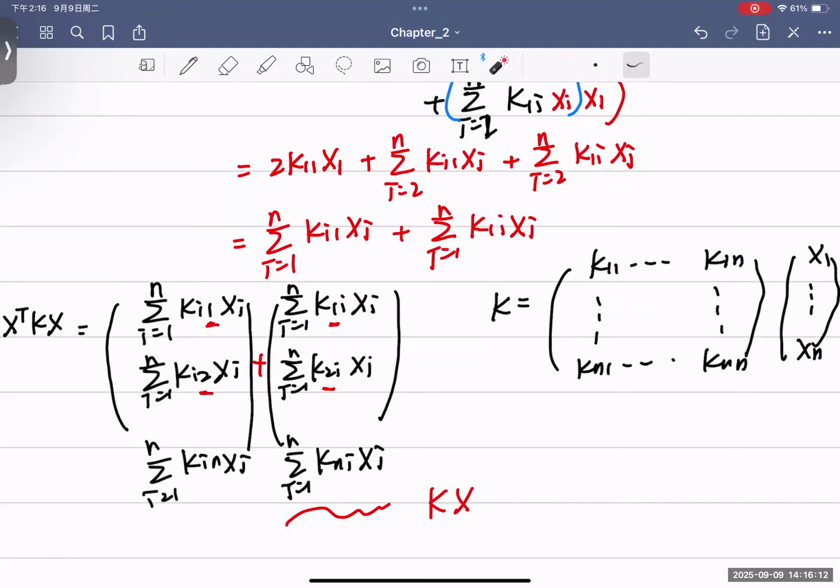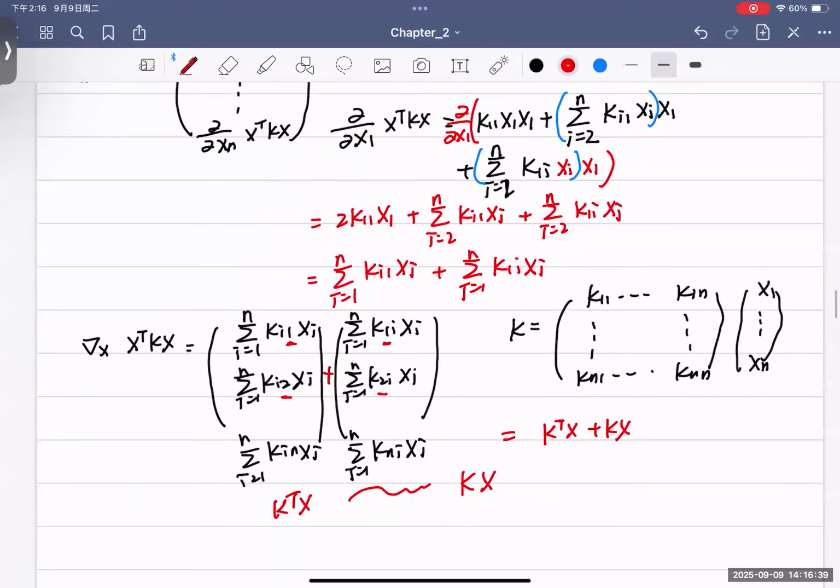But what is the first term? The first term is use the column times the corresponding x. So we know the product. So if we want to change this column to the row, you just take the k transpose x. So therefore, the k transpose of x, you will use the column times the corresponding x. So whose result will eventually become k transpose x, adding the kx.